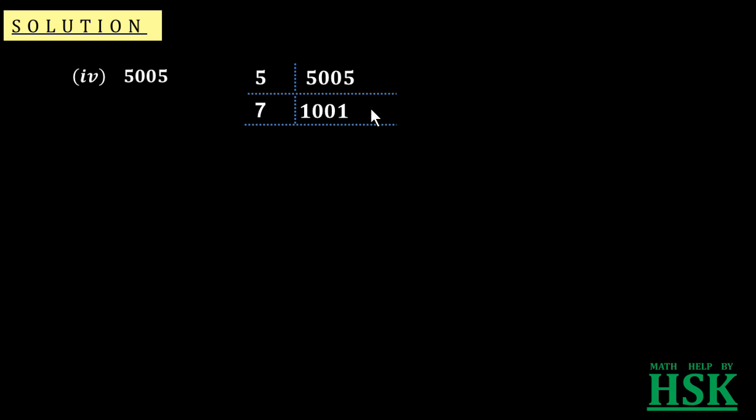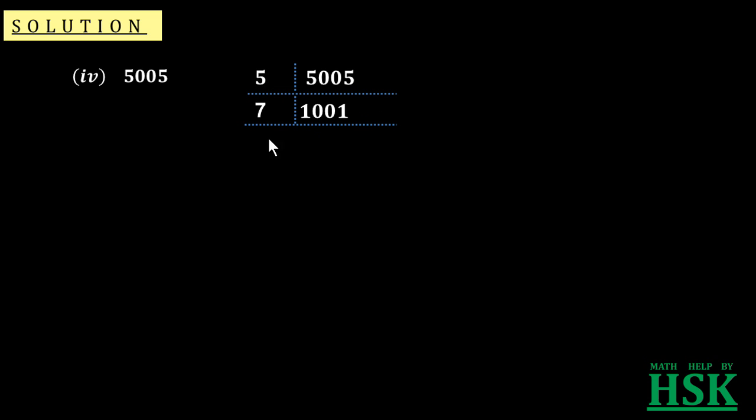It is a time consuming activity. The only way you can see that a given number is divisible by a number is by knowing the divisibility test of the number. For example, 5005 was divisible by 5 because it is ending with 5. Anyone can say that this number is divisible by 5 after knowing that a number ending with 5 or 0 is divisible by 5. But we do not know the divisibility test for 7, so we have to keep on checking.